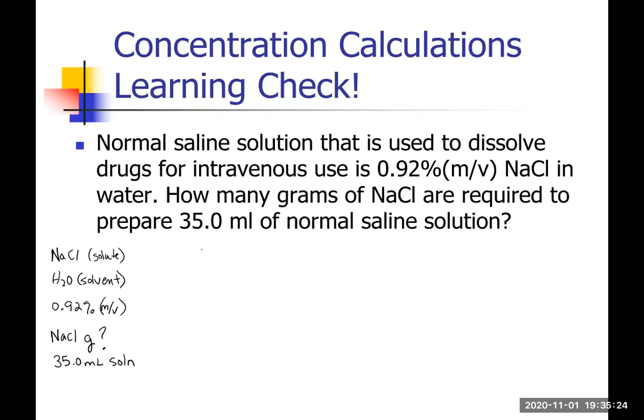We know that mass of solute over mass of solution, and again, the mass of the solution is the sum of the solute and the solvent, times 100. In this case, it's mass by volume. So instead of mass of the solution on the bottom, we're going to have a volume of solution.